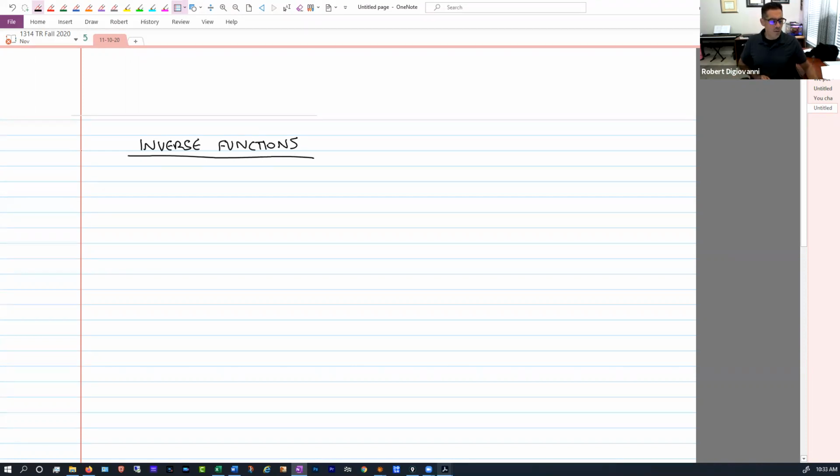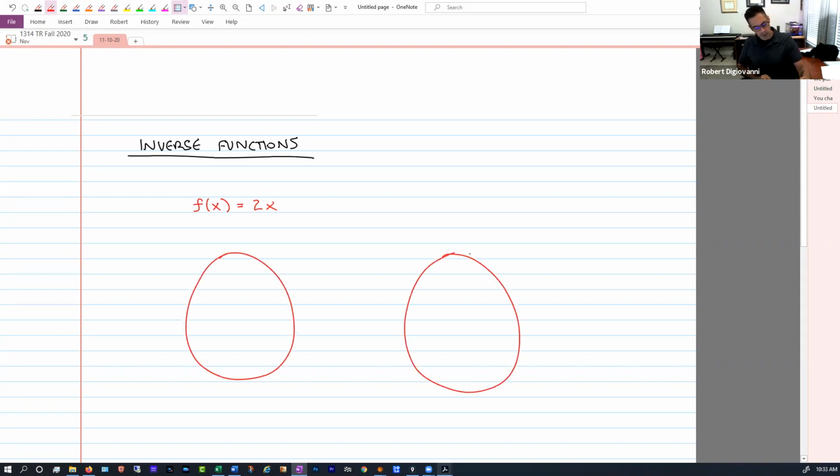So I want to start with a function that everyone here would be familiar with. f of x equals, let's say, 2x. So what this function does is it takes something in and it doubles it, right? So if I were to draw a picture of this function, the function f would take the number 1 through and it becomes 1 times 2, which is 2.